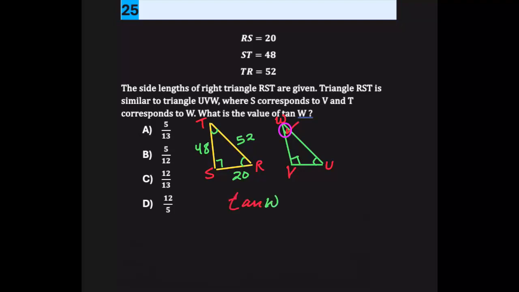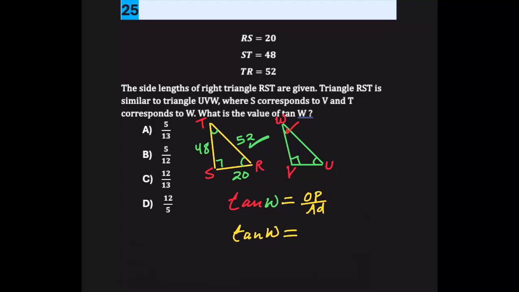So tan W is equal, according to this abbreviation, SOHCAHTOA, we have opposite over adjacent. Since we have 52 here, the similar side is going to be proportional. So this side is going to be 52x, and this side is going to be 20x, and this side is going to be 48x.